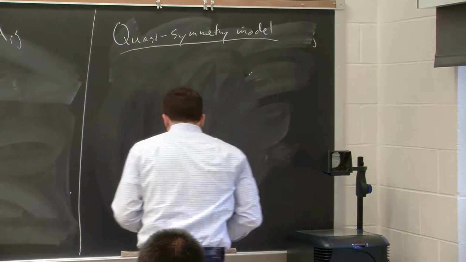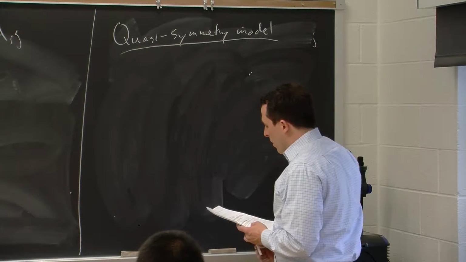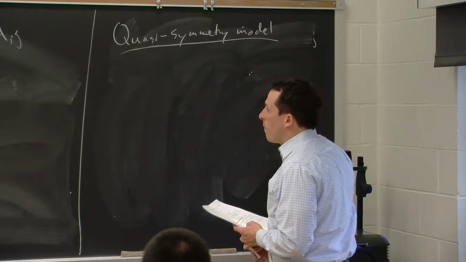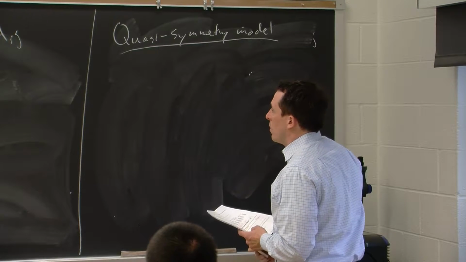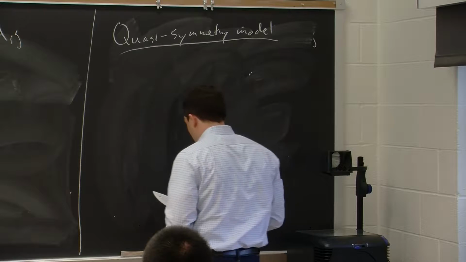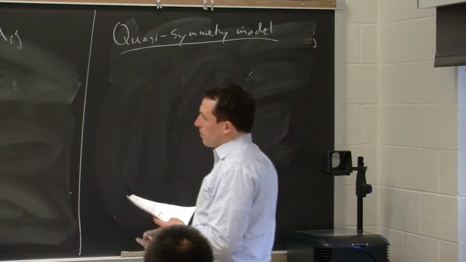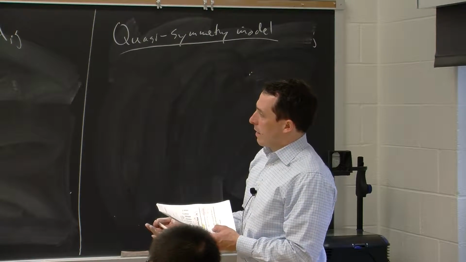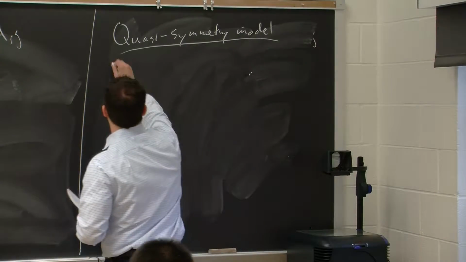So we want to do something which allows both of these things to happen. It's kind of like a symmetry model, but without requiring that the marginals are the same.